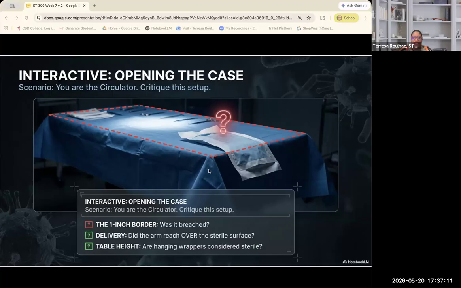Because someone already saw the drape hanging over, so there's edge contamination. So the wrap manipulation is past that zone. Anything inside the border must remain untouched, right? We don't want any of these things coming out and falling over.